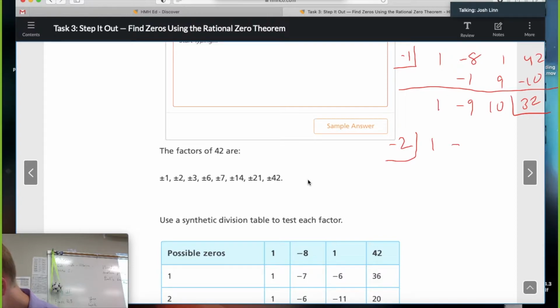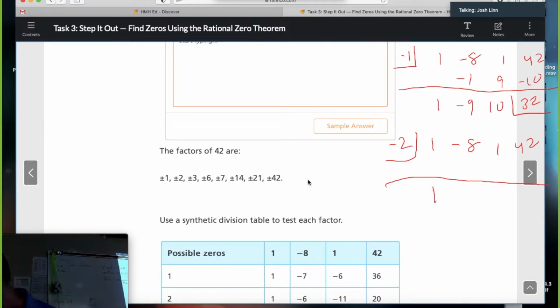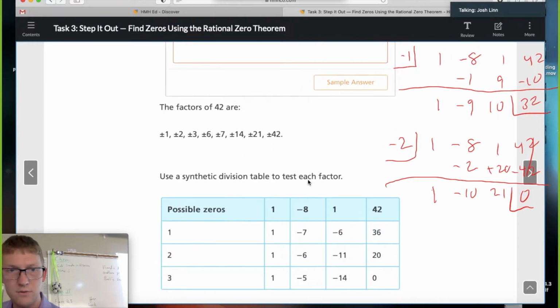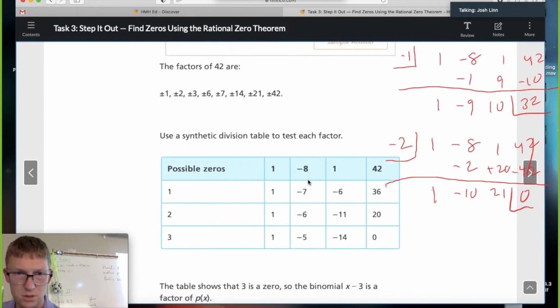So again, it's 1, negative 8, 1, 42. 1, negative 2, negative 10, negative 20. Oh shoot, that'd be positive. That'd be 21. 21 times negative 2 would mean negative 42. Bam, 0. So we have 0 as a remainder. So our negative 2 is a root of the function.